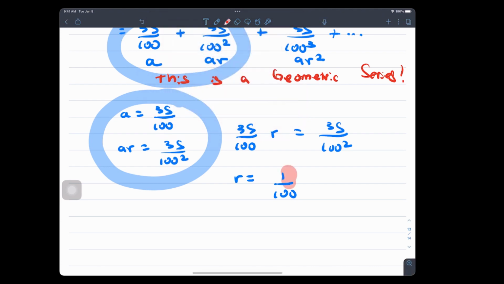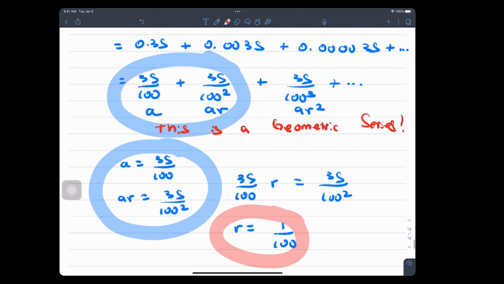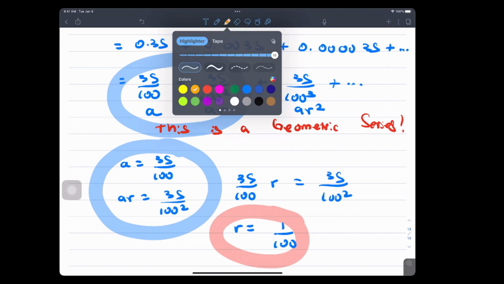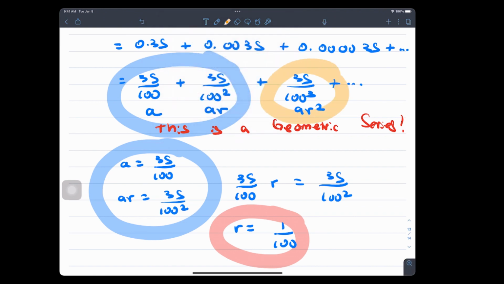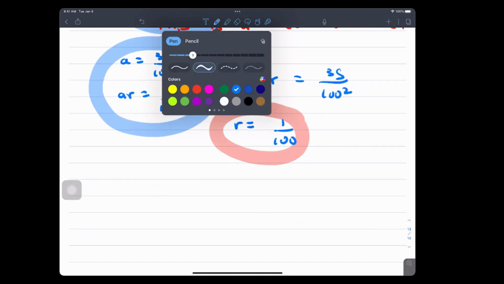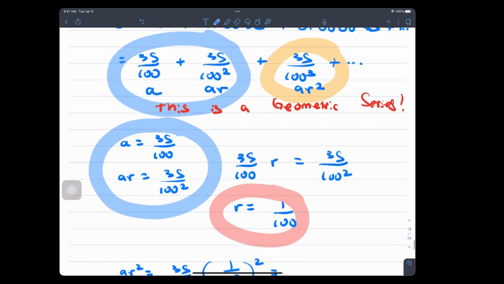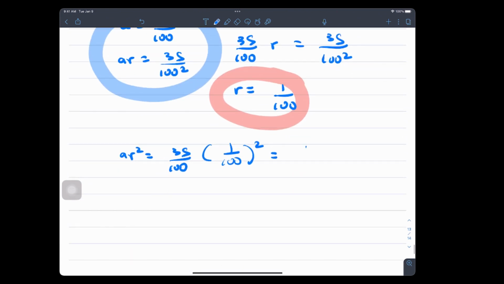So believe it or not, this is going to be another geometric series. You say, how do I know? We're going to have to verify the next term, just like before. So you can verify AR squared. Now, how do we verify AR squared? It's 35 over 100 times 1 over 100 squared needs to equal what? 35 over 100 to the what power?